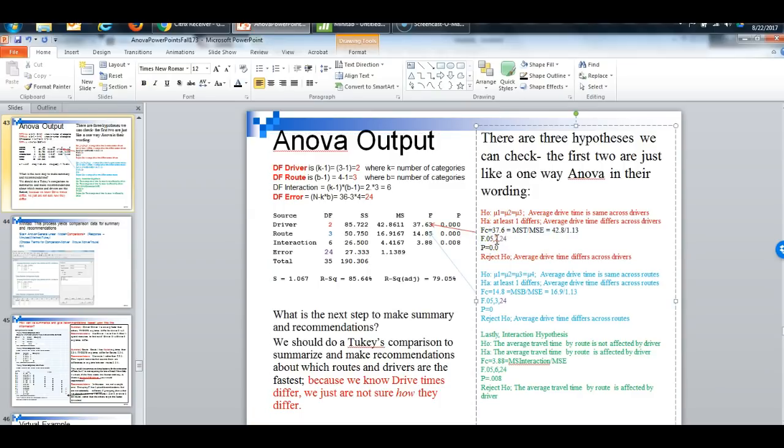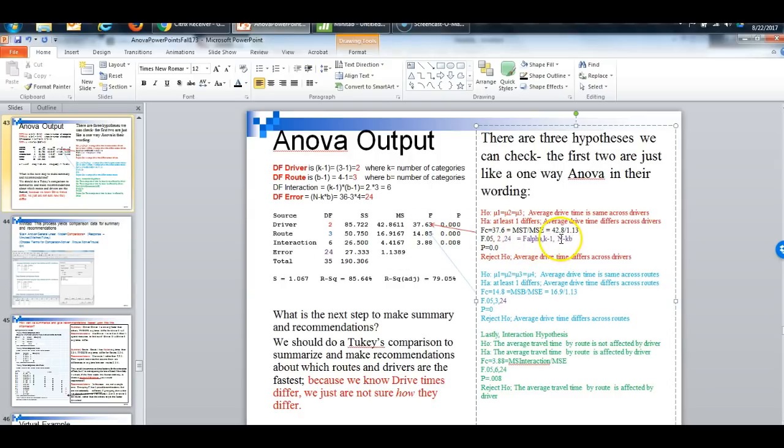Degrees of freedom are kind of the same. Actually, I should write this out. It's going to be equal to F alpha, k minus 1, and then the degrees of freedom here are n minus k times b. K is, of course, the number of treatment groups in driver, and b is the number of treatment groups in the blocking variable route.